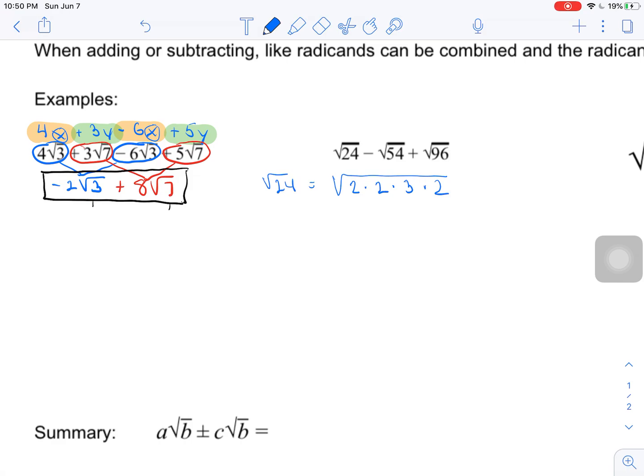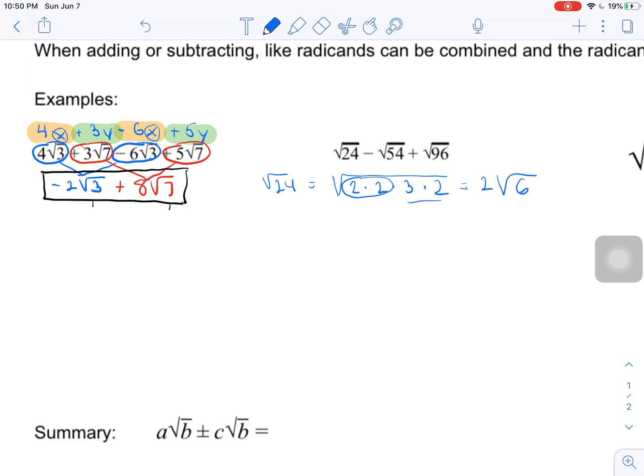Sorry, I forgot a times 2 in there. That means that I've got a perfect square I can pull out, and the leftovers are going to stay. So 2 times the square root of 6.